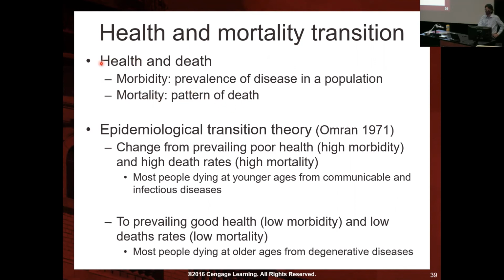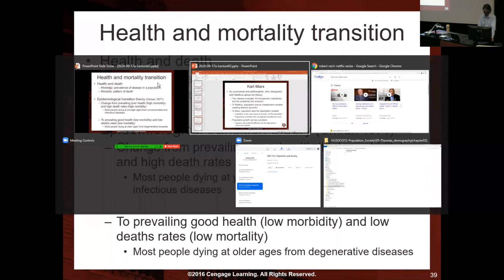We have to also talk about health, morbidity, which is the prevalence of diseases in a specific population. So whenever we're talking about mortality, we have to take into account what are the causes of death? What are the more prevalent diseases that a specific society is experiencing? And that's related to morbidity.